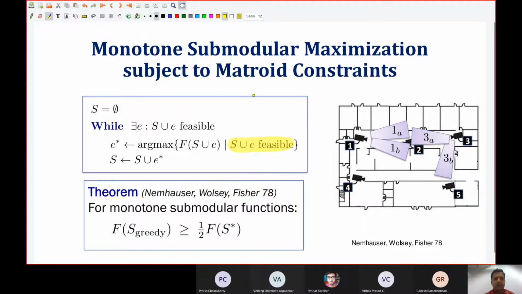What we are doing is this, which I'm going to just explain. This is akin to projection step of generalized gradient descent. So what are you doing? You're saying I'll find the E that maximizes the gain, but only included if it is feasible. I mean, it will not violate the matroid constraint.